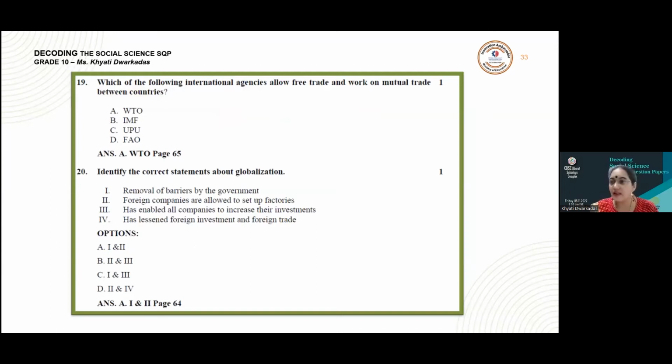Look at question number 19. Which of the following internal agencies allow free trade and work on mutual trade between countries? Once again, it is a remembering question, direct question, but is it a good question? Yes, it is a good question, as I can see all of you writing in the chat box.